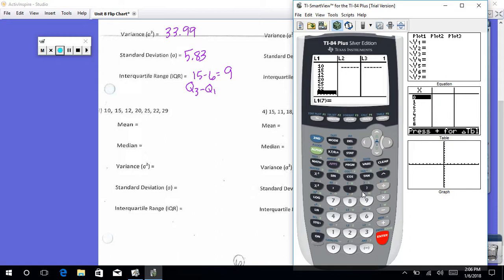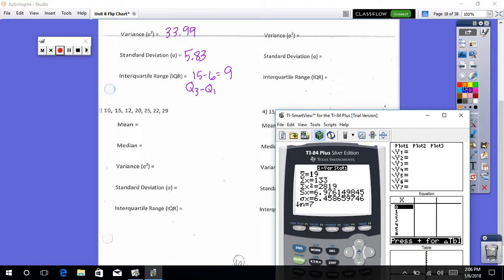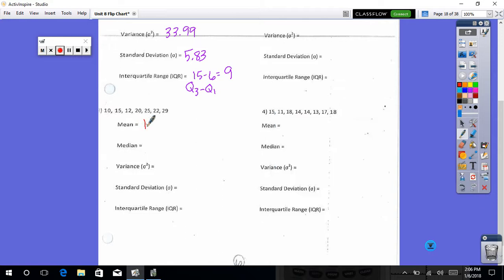I just entered an extra 2 in there for some reason. So make sure you're checking yourself as you go to make sure you're putting in the correct numbers. Calculate it. So you should get a mean of 19.